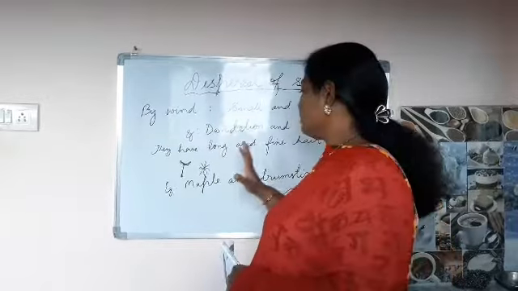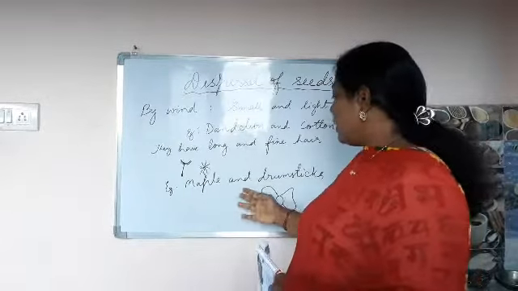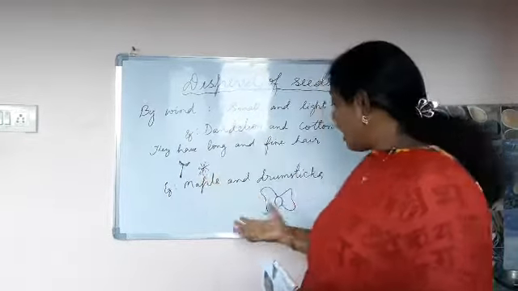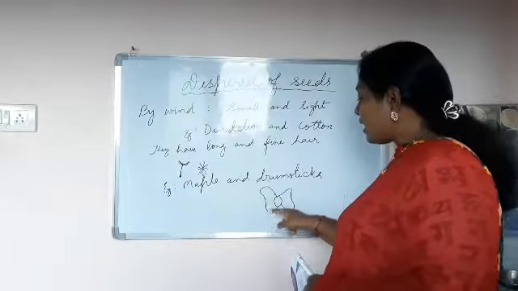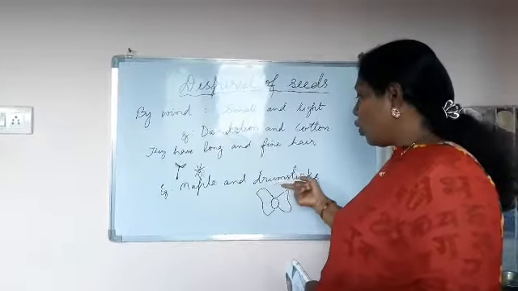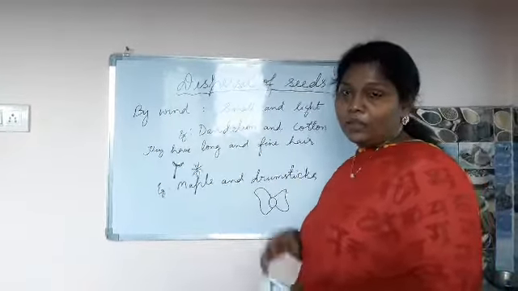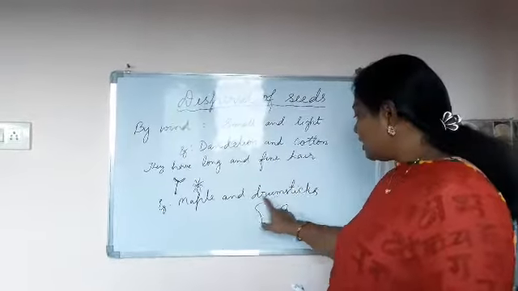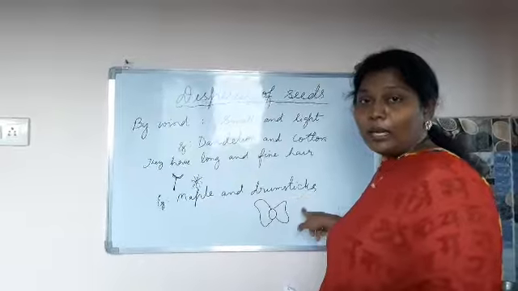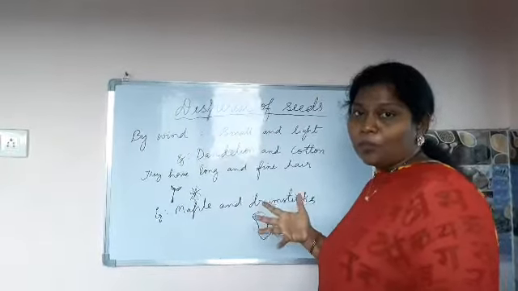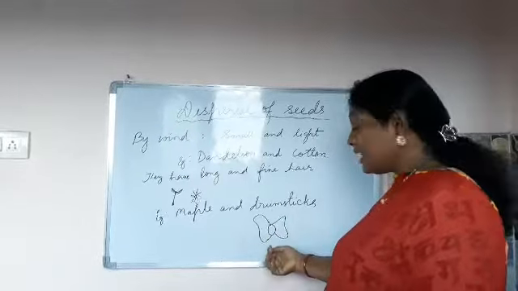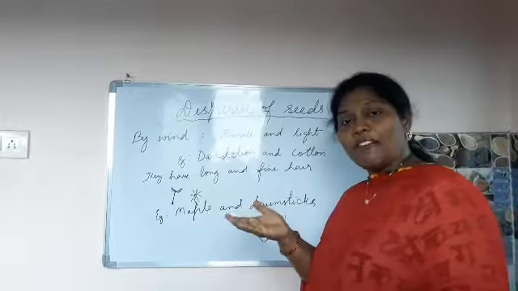Okay, children. Next, the maple and the drumstick seeds. These kinds of seeds have wing-like structures. See here, children, wing-like structure. If you open up the drumstick, you can clearly see this shape of the seed. When it is green in color, it has some weight.